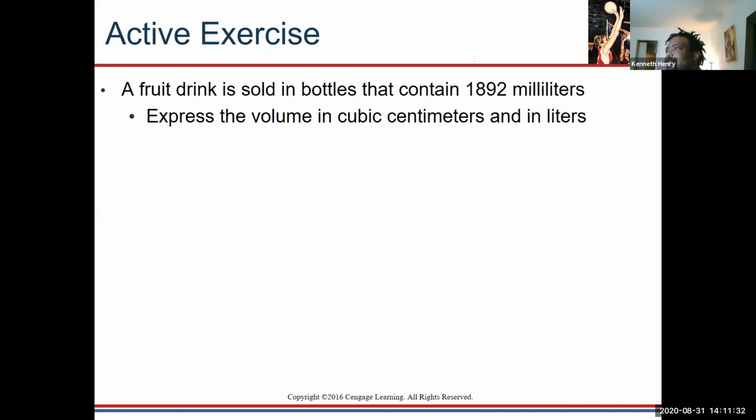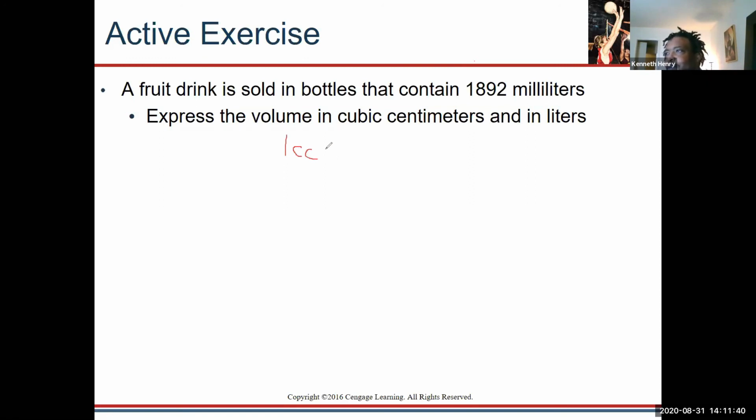That is correct. In cubic centimeters, it is exactly the same thing, because we know that 1 cc is equal to 1 ml. And in liters, you could multiply it by 0.001.